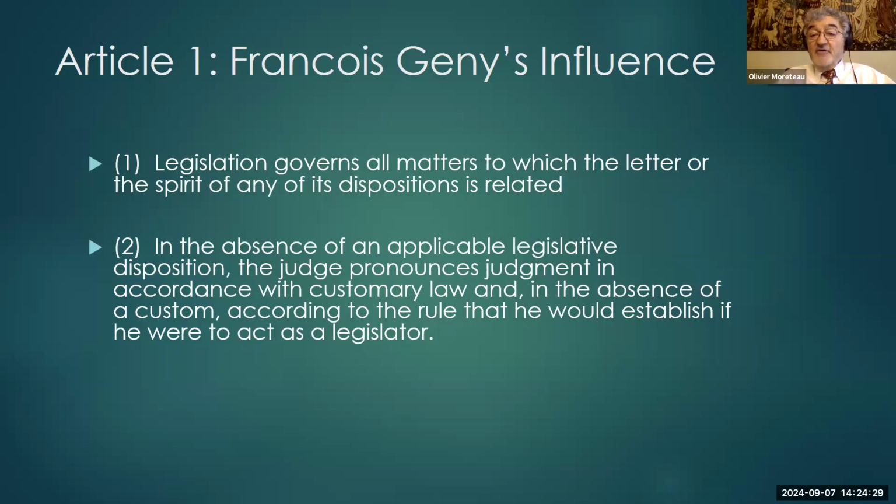Now, that is a very, very modern idea that appears for the first time in a civil code anywhere in the world. The idea that if the code is silent, if there is no established custom, the judge has to create a rule by his own initiative, and he has to do this not only with the mindset of a judge having to decide the individual case in front of her or in front of him, but as if the judge were to establish a rule as a legislator.